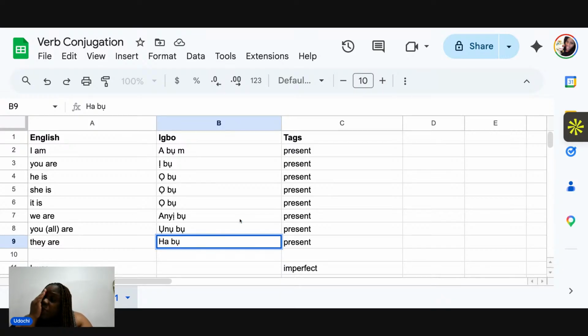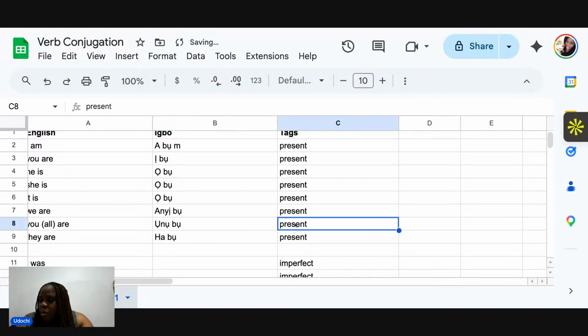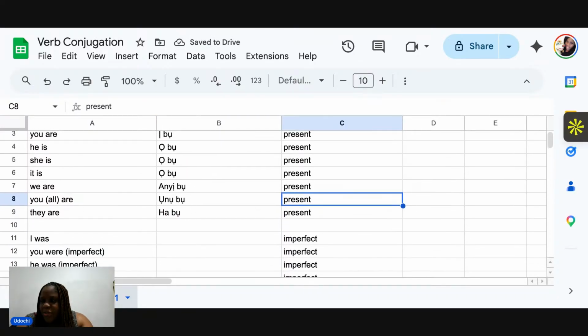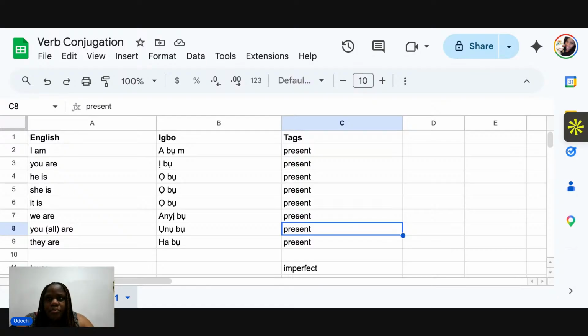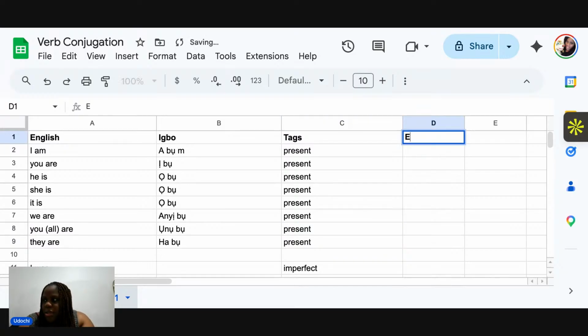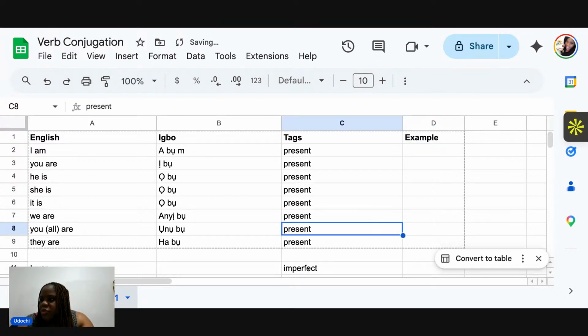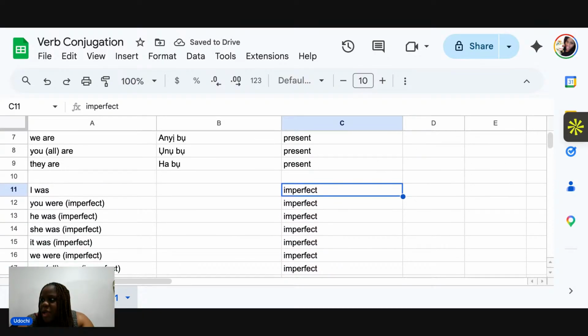Okay, so let us go on to imperfect. Past imperfect, or imperfect. I was trying to figure out what they mean by imperfect tense. So I should also put examples in this column. Let's say example. Specifically for imperfect tense, because I wasn't sure what they meant.